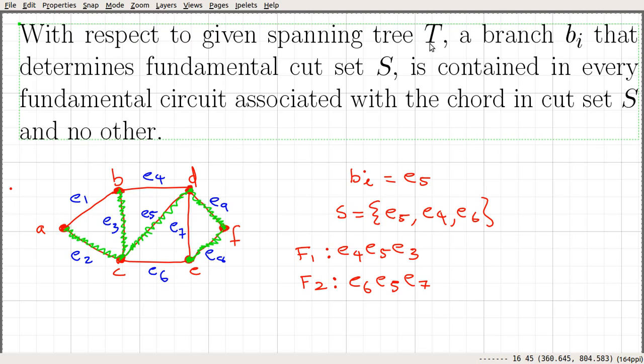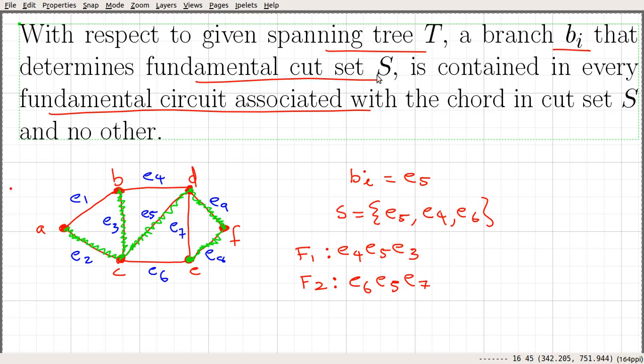So with respect to a given spanning tree T and a branch Bi, this branch Bi determines a fundamental cut set, say S. This Bi is contained in every fundamental circuit associated with the chord in the cut set S. So we have this cut set, which contains a branch edge, the fundamental cut set.